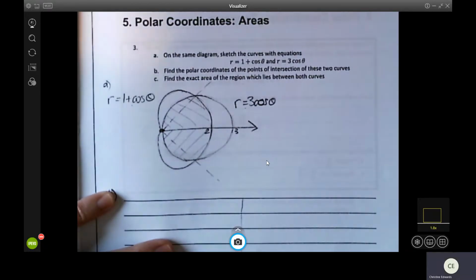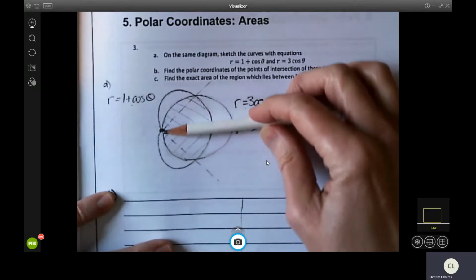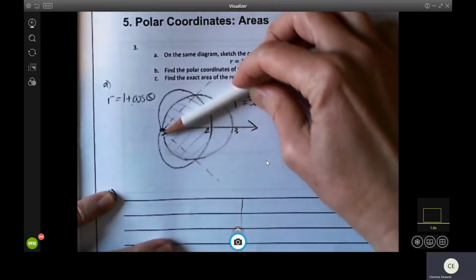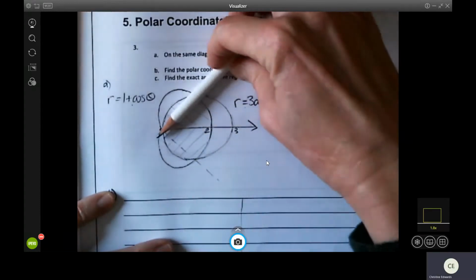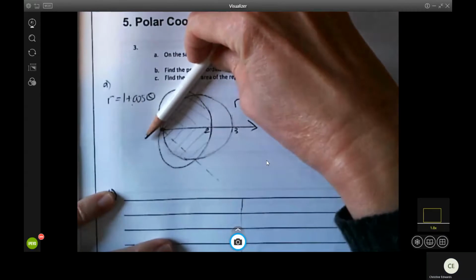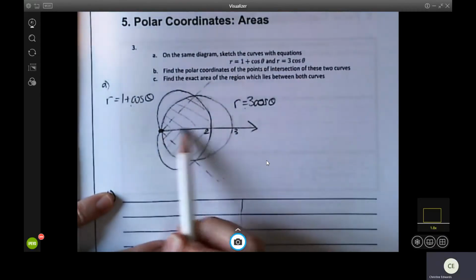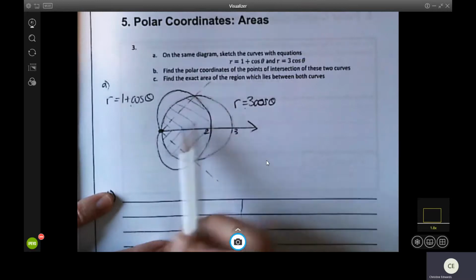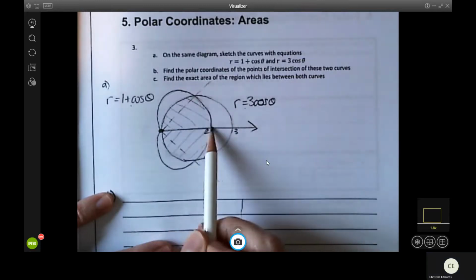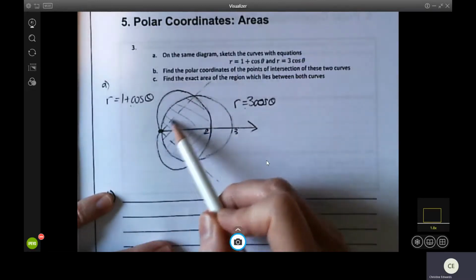When I'm thinking about polar areas, I have to think about increasing my angle and the sector that forms. So I'm going to need the area starting at the initial line and going with this angle.